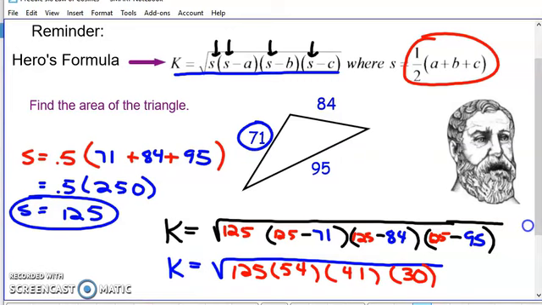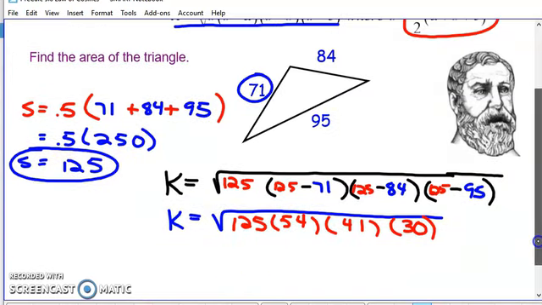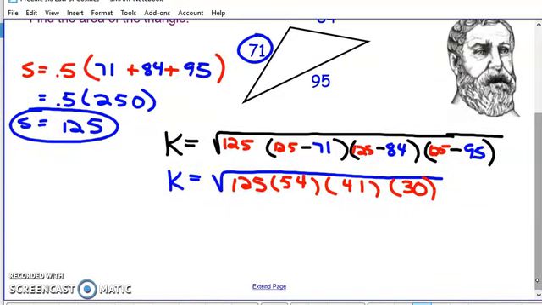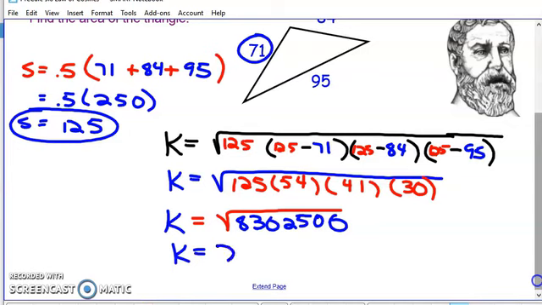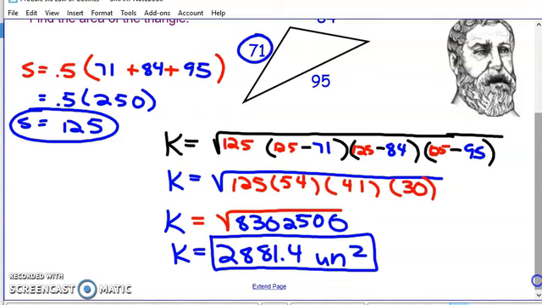I will put all of that into my calculator: 125 times 54 times 41 times 30. I get a really big number. Take the square root of that, and we get 2,881.4 units squared. And again, remember that is an area.